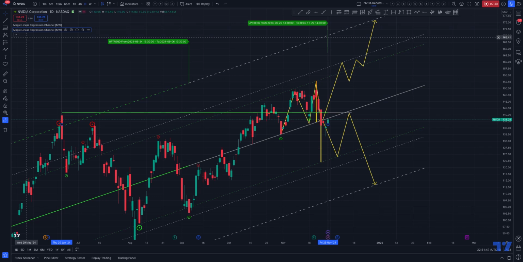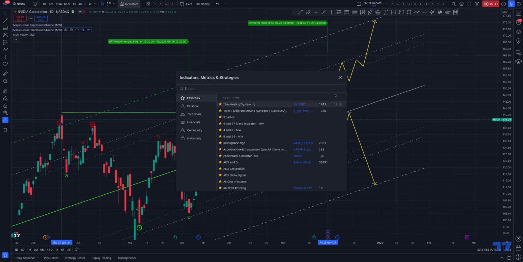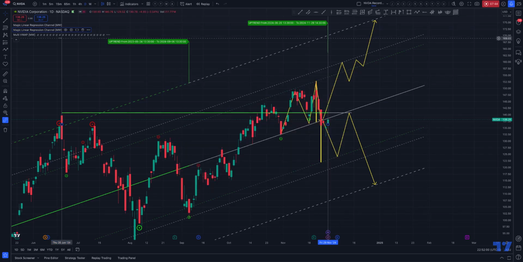But what the Multi-VWAP does is it gives us... It doesn't take that long to load. Oh, there, okay, maybe it does. Okay, so it's loading now.